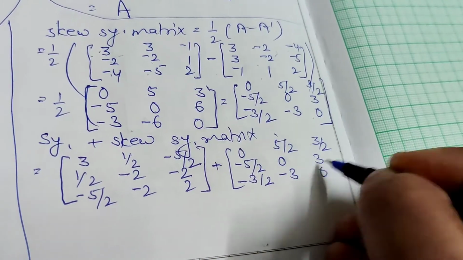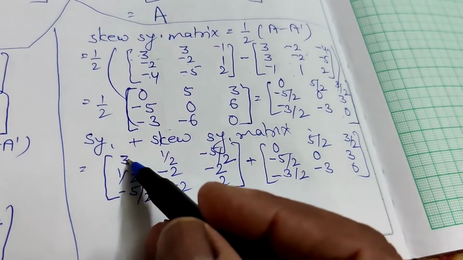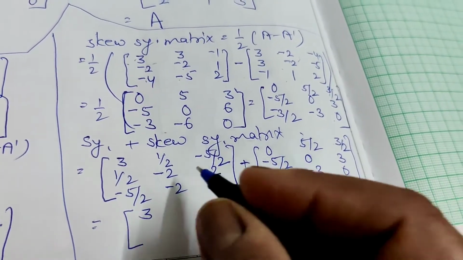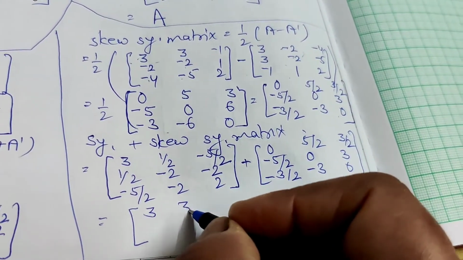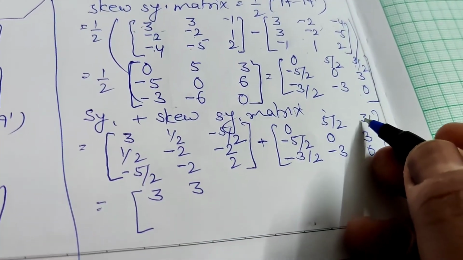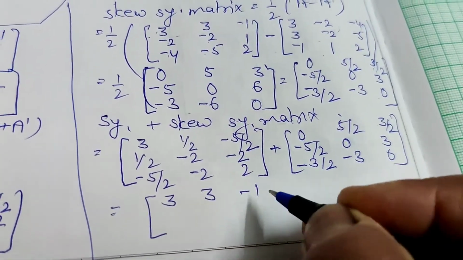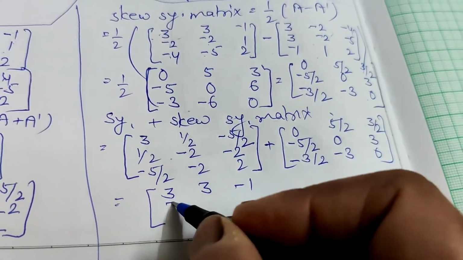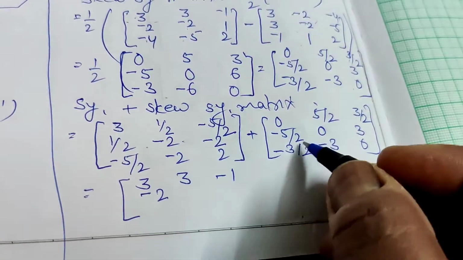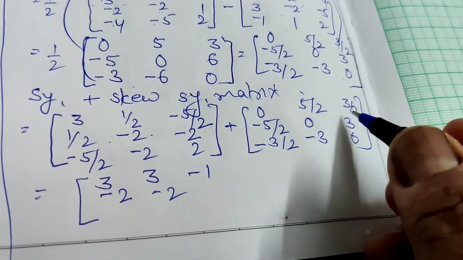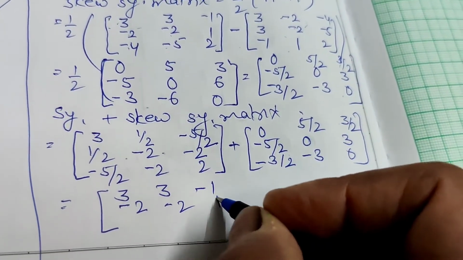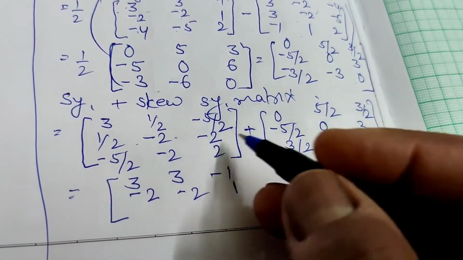Add the first element: 3 plus 0, 3. 1/2 plus 5/2, 3. Minus 5/2 plus 3, minus 1. Next 1/2, this will be minus 2, and this one is 1. 3 minus 2, 1, 1.